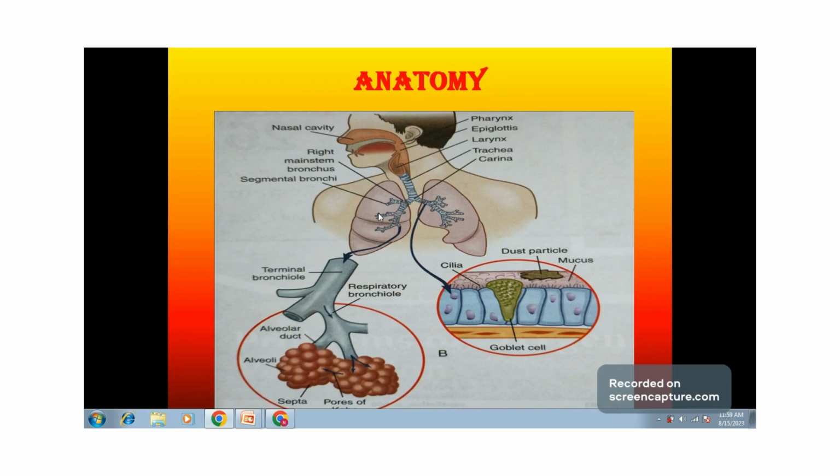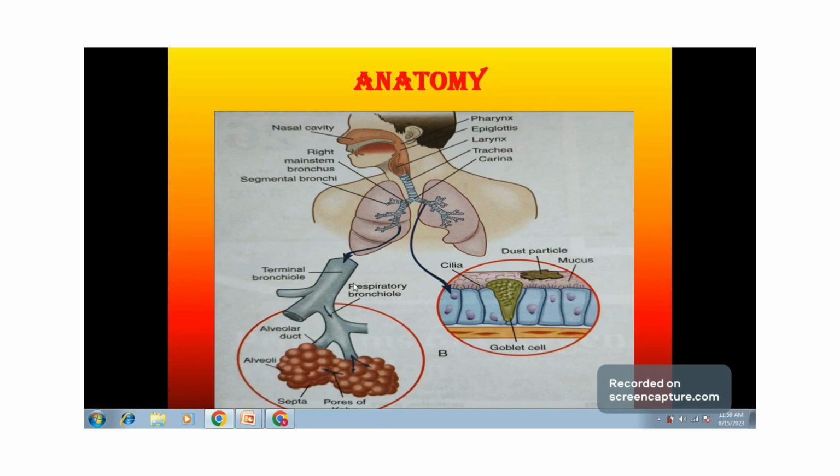These terminal or respiratory bronchioles do not contain any cilia or even cartilage. Okay, the terminal bronchioles do not participate in the gaseous exchange.